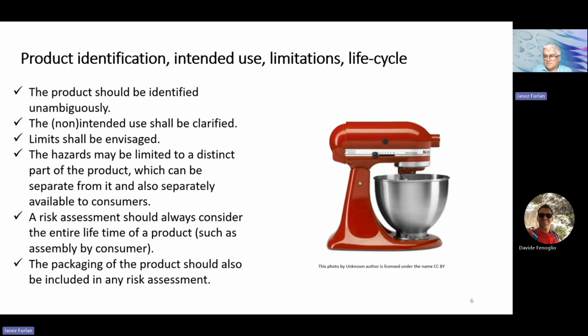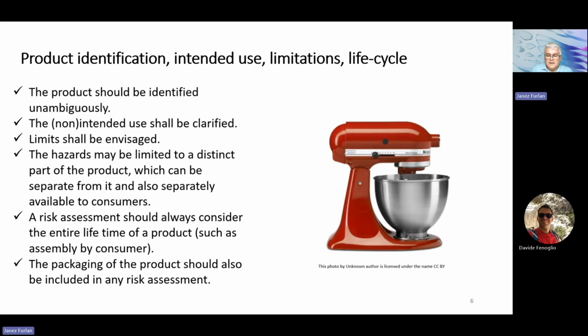For example, a kitchen mixer, as we can see in the picture, can be used in regular homes by the average consumer, but we may also have commercial mixers which may be bigger, faster, stronger, and the two types of mixers have different standards. They have different requirements because one is dedicated to the average consumer and the second one is for professional users.